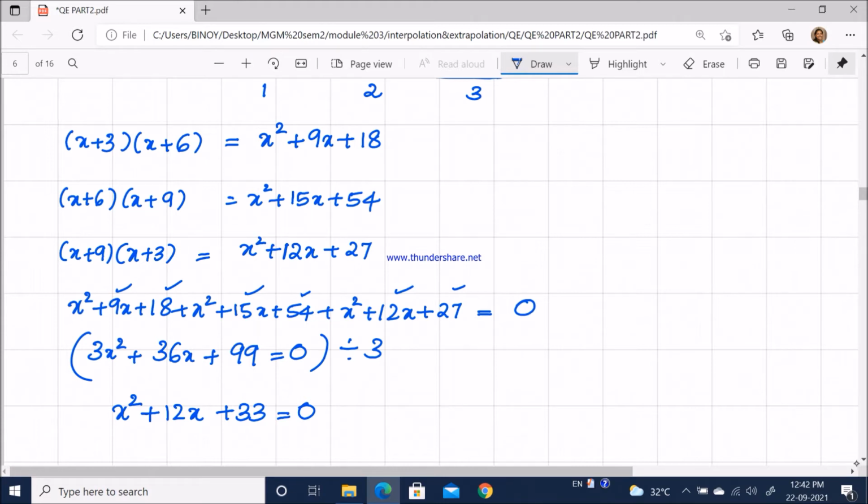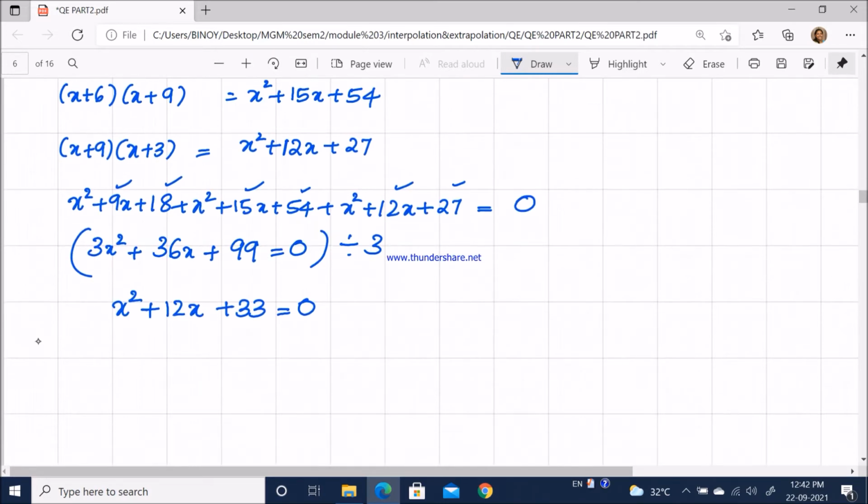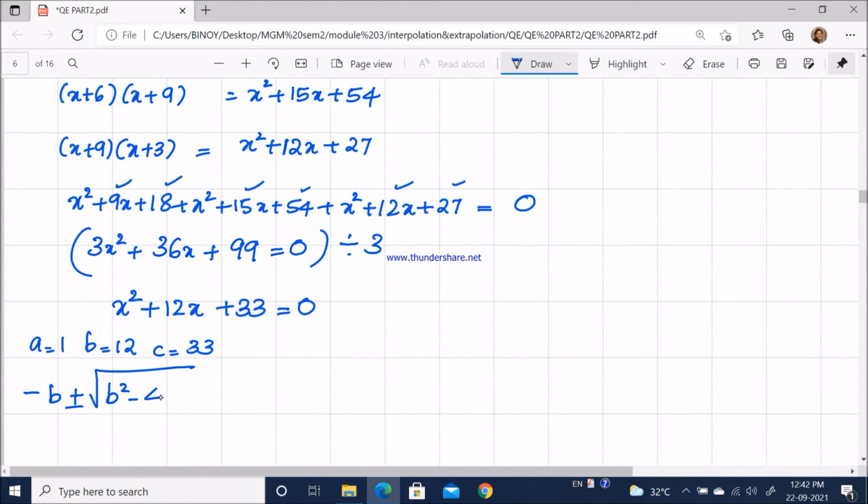By applying the quadratic formula, a is equal to 1, b is equal to 12 and c is equal to 33. So, x equals minus b plus or minus root of b square minus 4ac by 2a.